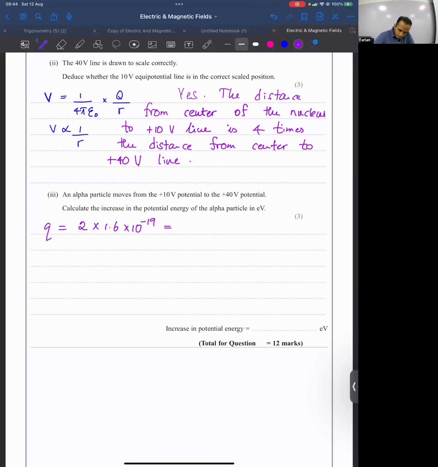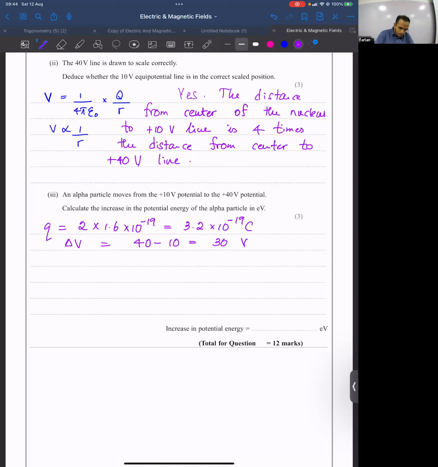So 2 into charge of a proton, that is 3.2 into 10 to the minus 19 coulombs. Okay. These are charge. Now guys, if you are moving an alpha particle from plus 10 volts to plus 40 volts, what is the potential difference? Potential difference is 30 volts.